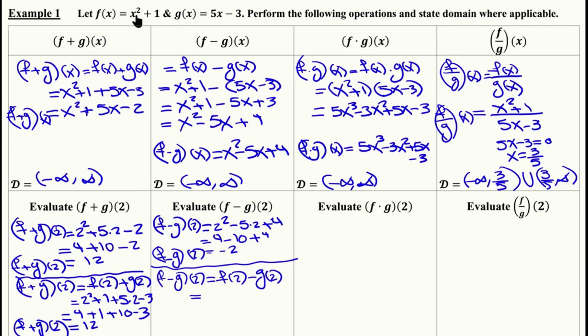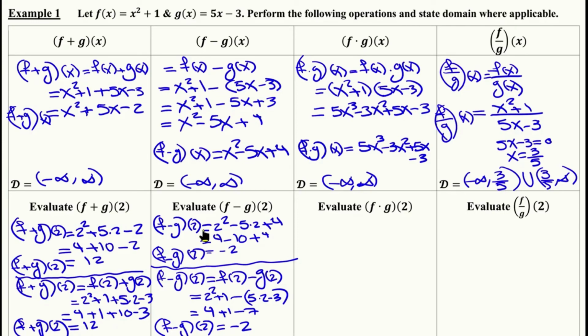So f of 2, that means 2 squared plus 1, minus, let's not forget the parentheses, g of 2, which is going to be 5 times 2 minus 3. So we end up with 4 plus 1 minus, that's 10 minus 3, which is 7. So that's 5 minus 7, which is, again, not surprisingly, negative 2. So we end up with, once again, f minus g of 2 equals negative 2.